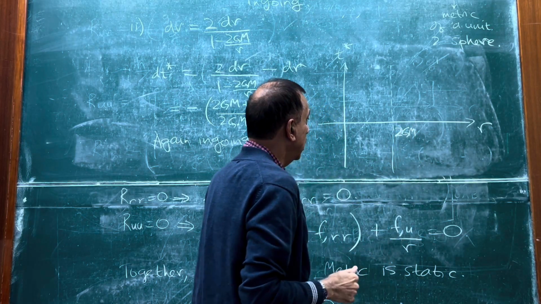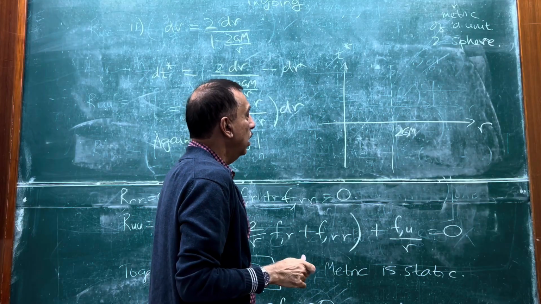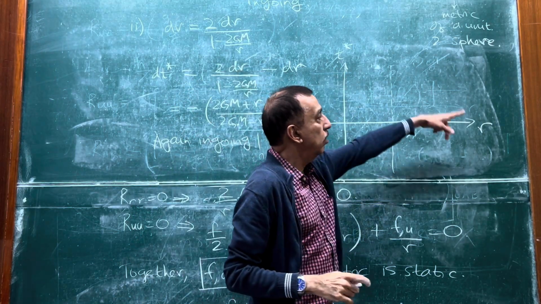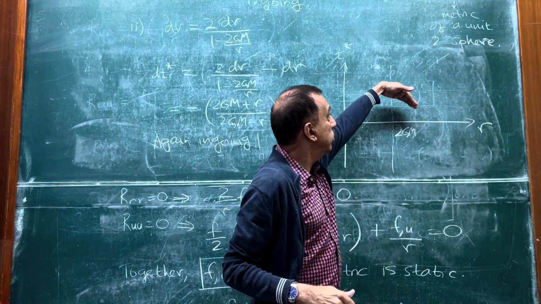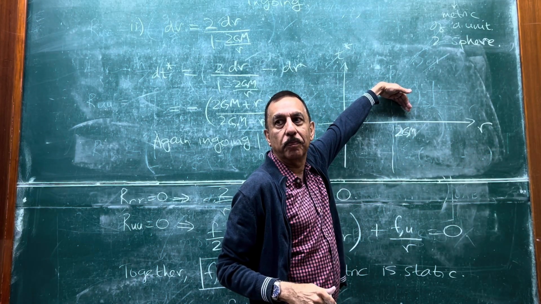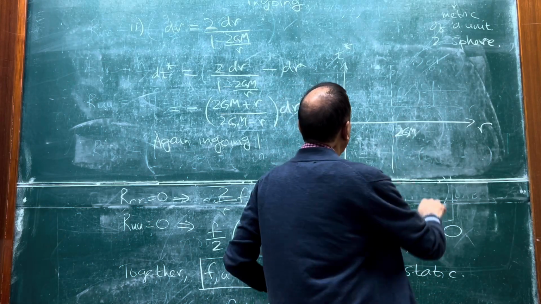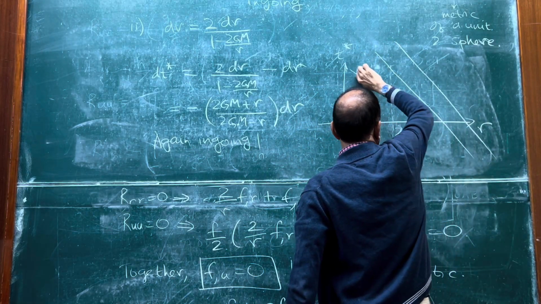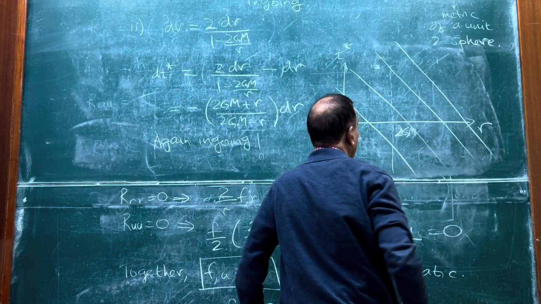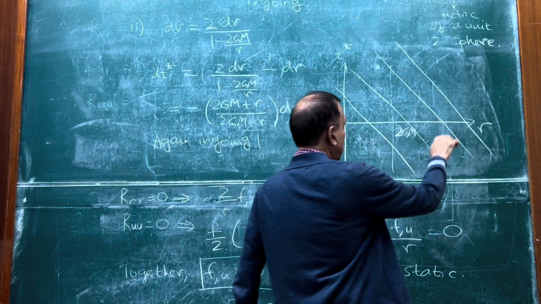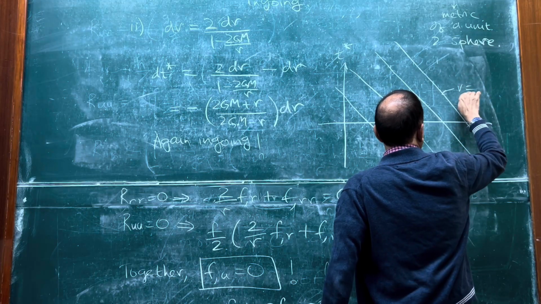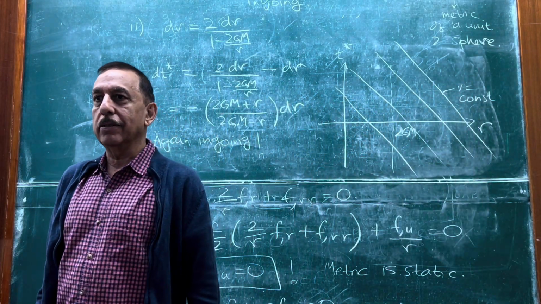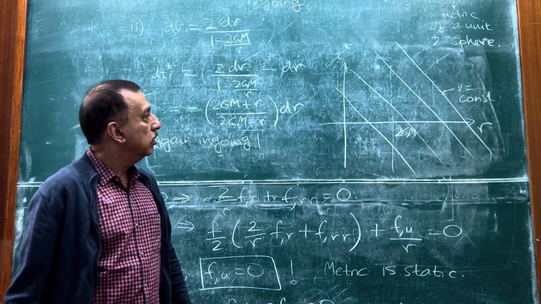Now the fact that there's one set of ingoing rays which are dV equals 0, we remember was T star plus R. So they are always slanted at 45 degrees this way. So these are the lines along which V remains constant. Right? Because such a line is T star plus R equals constant for different constants.